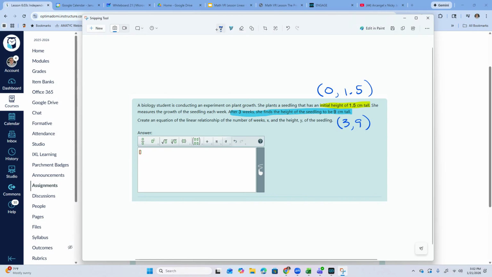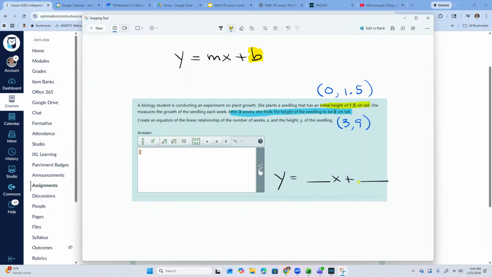Okay? And remember, we are finding the equation of the line, y equal mx plus b. So my answer is going to look like this, y equal blank x plus blank. Remember, the b is the y-intercept. That's what goes in this blank space. And the m, the slope, is what goes in this blank space.